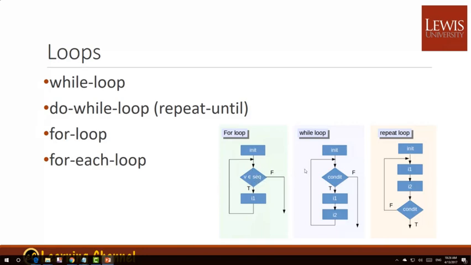That's the for loop. The while loop actually just checks the condition. If it is false, we get out. Otherwise, we go in and execute it. And this initialization or the statement actually is optional, not really needed. For the repeat loop, we go into the loop directly, do something, and then check the condition.